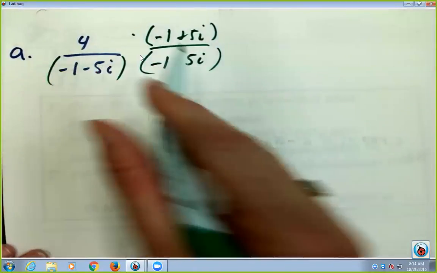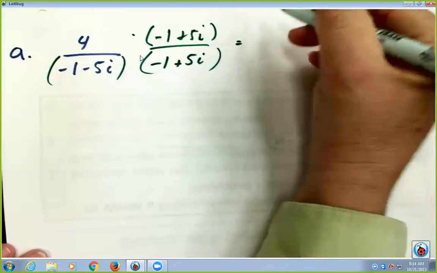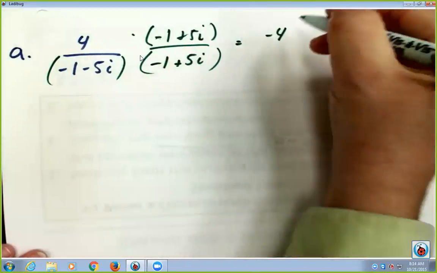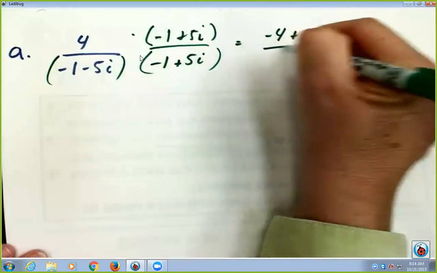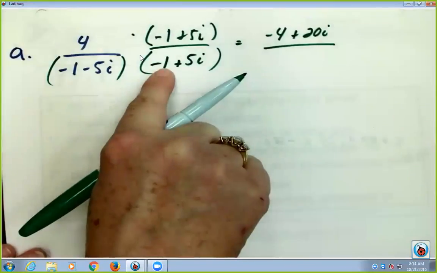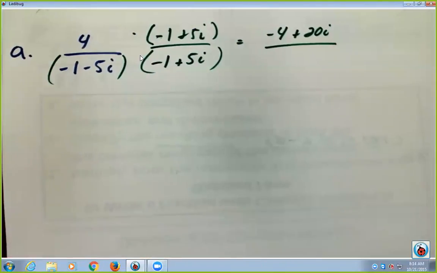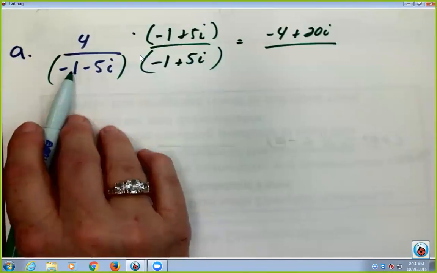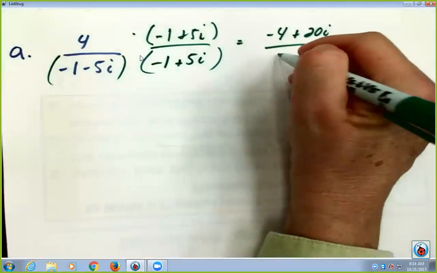So 4 times a negative 1 ends up being a negative 4. 4 times 5i is a plus 20i. In the bottom, because it's a conjugate, I don't need to FOIL the whole thing. I only need to use F and L. I do the first terms, it's going to give me 1.